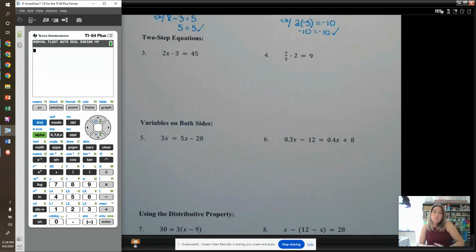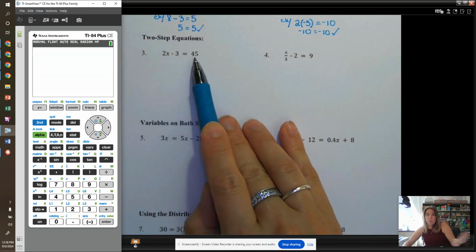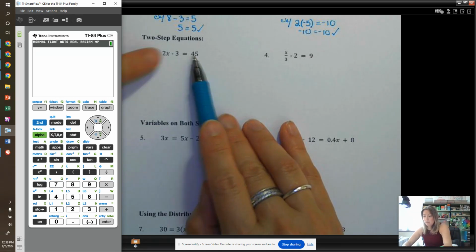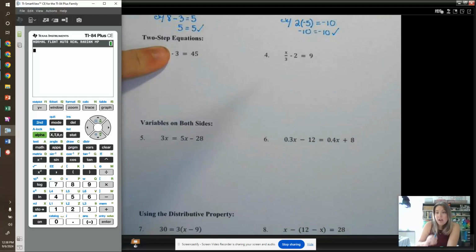So if we look at number 3, okay, we've got 2x minus 3 equals 45. So on this side, we only have a number all by itself. Adding goes first. If I have anything to add or subtract on the other side of the equal sign, that goes first. So I've got this minus 3.